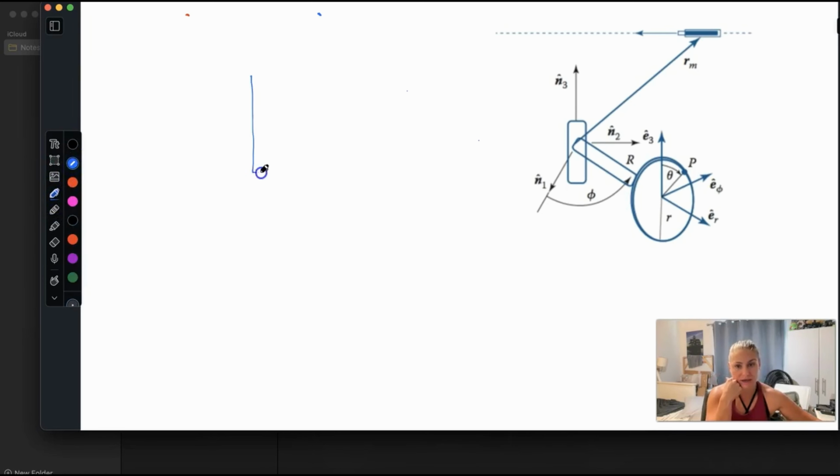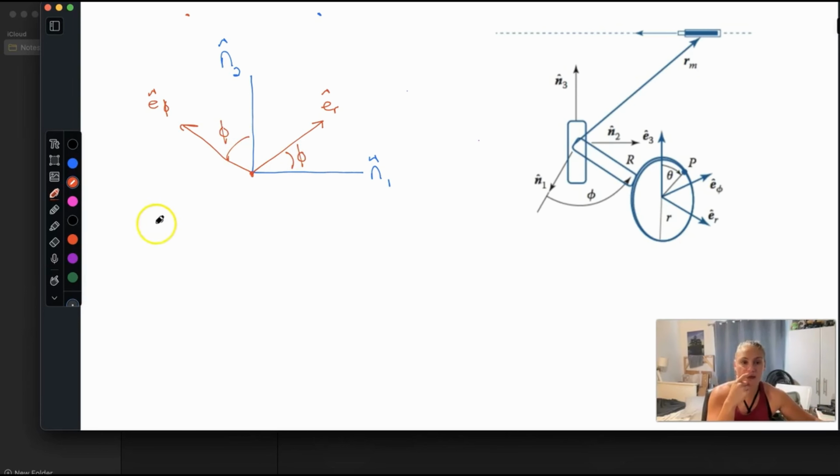If we take our n1 and our n2 frame and we lay our ER and our E phi in that frame, and we know that they're rotated just by some phi, and then trig says that's over there. Now we can say this is still legal, right?